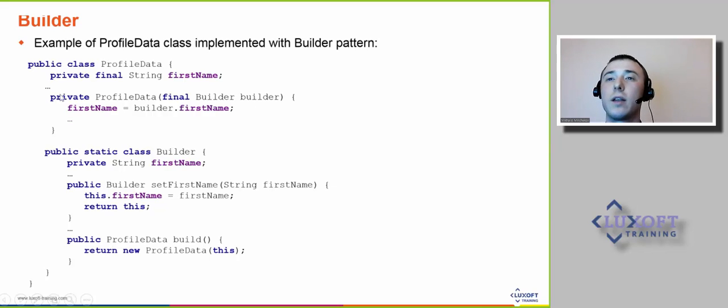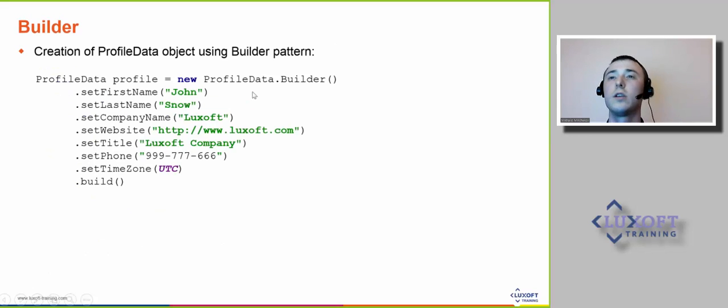Please pay attention that the profile data class accepts an object of type builder. If our profile class is written using the builder pattern, then we can create our object as shown in our example. We just create a new profile data builder object, and then execute the setters.